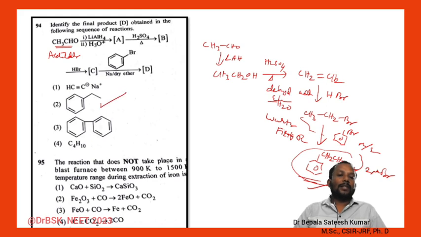The ethyl benzene structure is C6H5CH2CH3. So the right option is this.